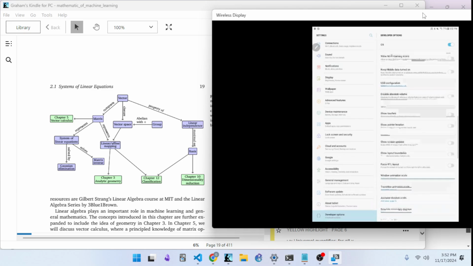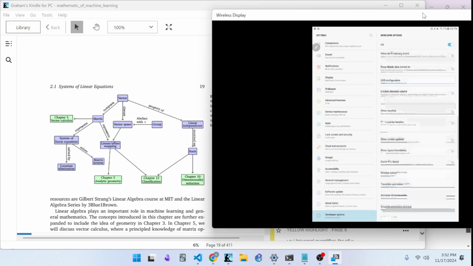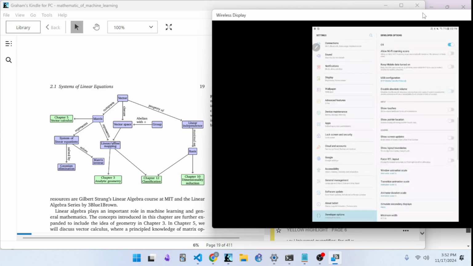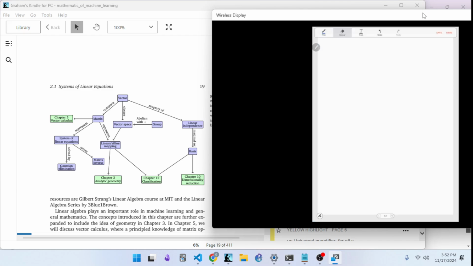You can buy a $10 stylus, use this wireless display program to share your phone's screen, pull up whatever free app there is, and draw on an old phone you have laying around. Being crafty with what you have is something I'm all about.